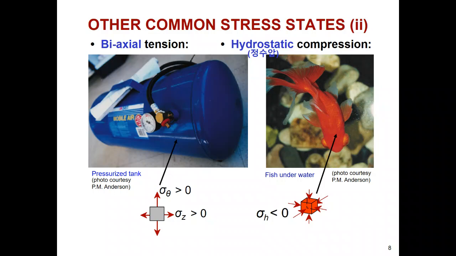So another example is the biaxial tension case. When we think about a hydrogen tank or gas tank, we put a lot of gas inside this tank. At that time, the pressure can be increased. So due to this gas pressure, the tank will expand. They tend to be expanded more.